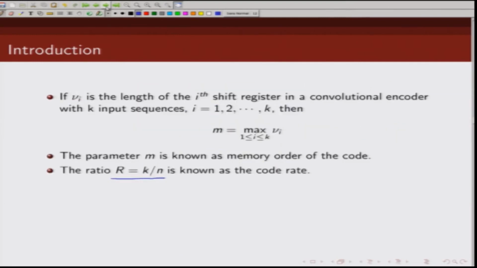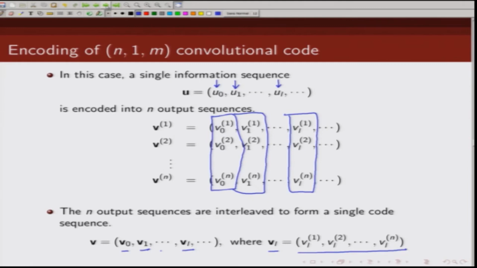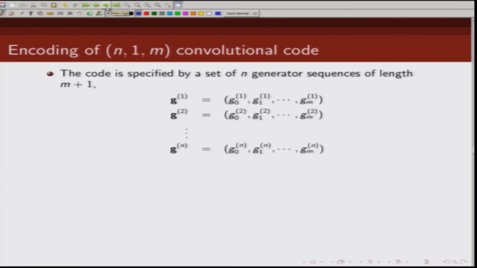So, what we can conclude from here is that we can completely specify a code by a set of n generator sequences, where each of these generator sequences is of length m plus 1, and what are these g0, g1, g2, ..., gm? The superscript that you see, 1, 2, 3 and n, corresponds to each of the output sequences.